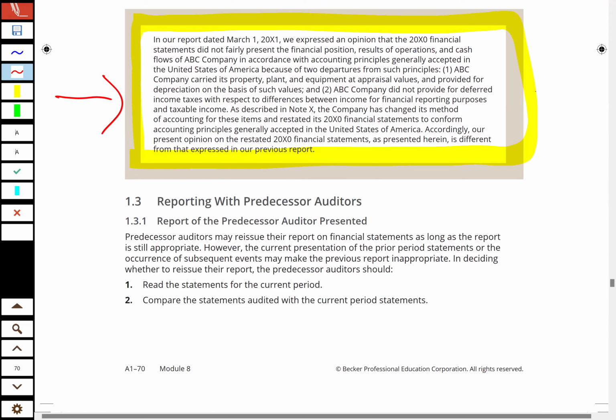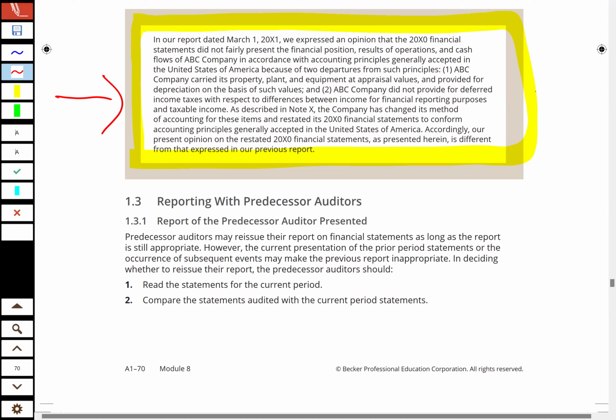Now come over and let's continue story time here. Let's say you audited 2023, and I'm going to take over your client and I'm going to audit 2024. In that situation, you would be the predecessor auditor. I would be the successor auditor. Now, as the successor auditor, I have some decisions to make because I'm going to issue my report for 2024. We have comparative statements, okay?